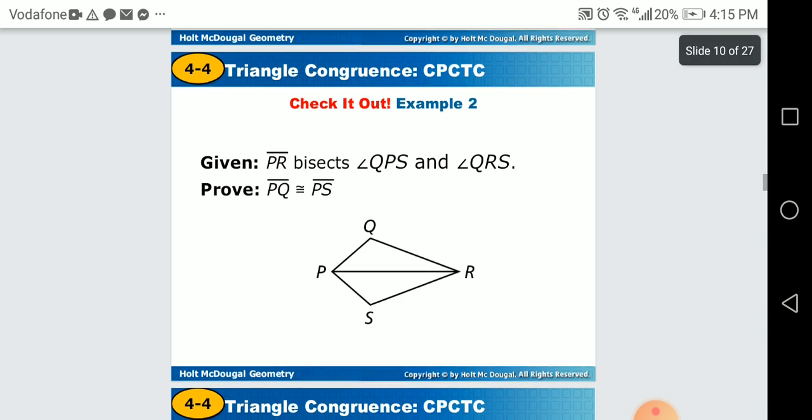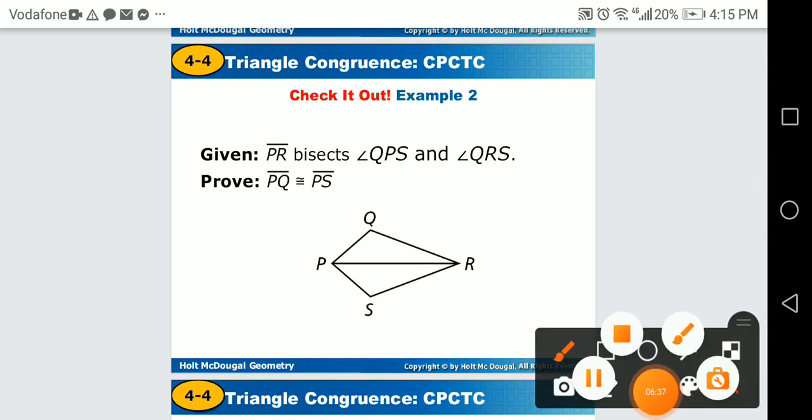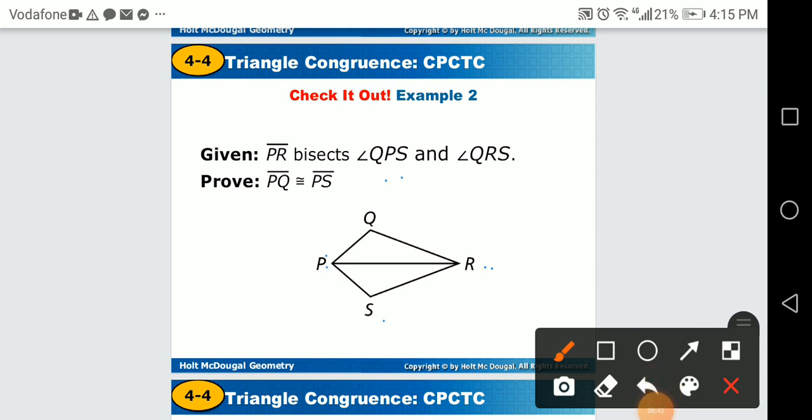If I ask you another question and say PR bisects angle QPS. PR bisects what, guys? Angle. When I say this sign, I'm talking about an angle. Again, PR bisects QPS, this angle. Which angle, Miss Dina? The angle is the letter in between. Some students were still asking me about this in the exam.